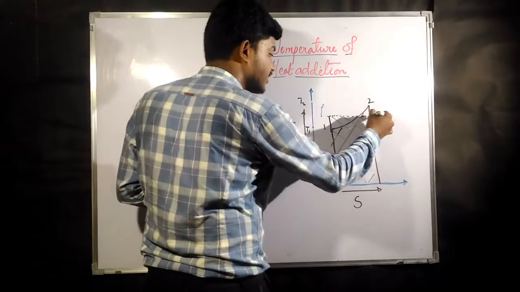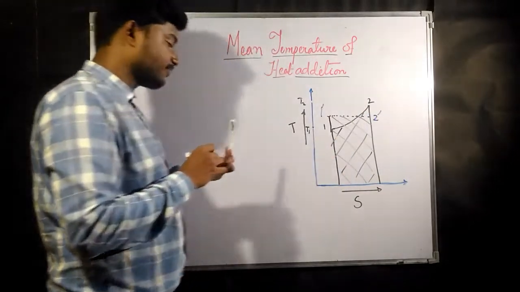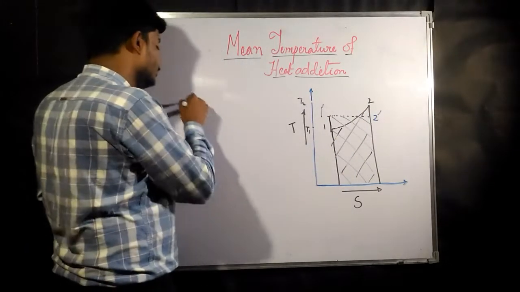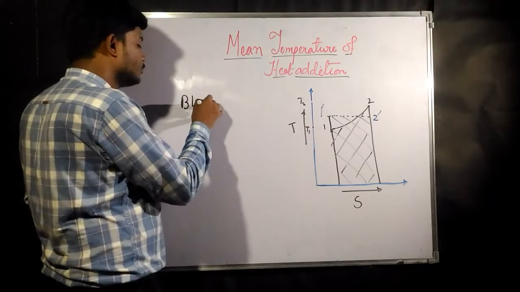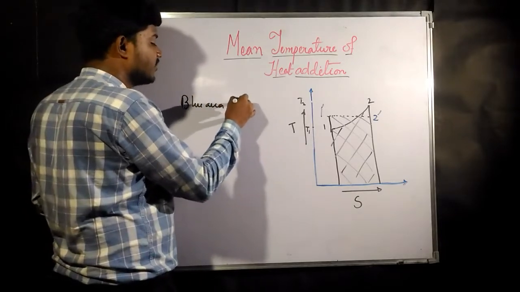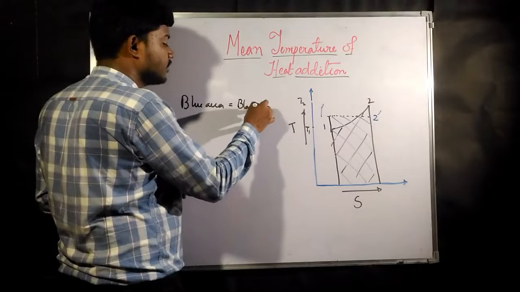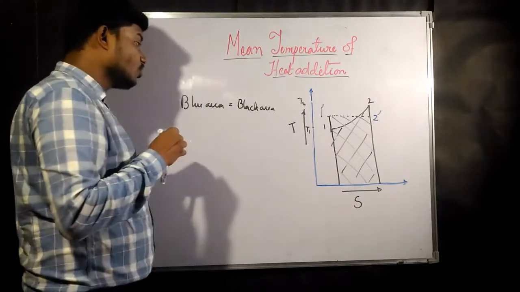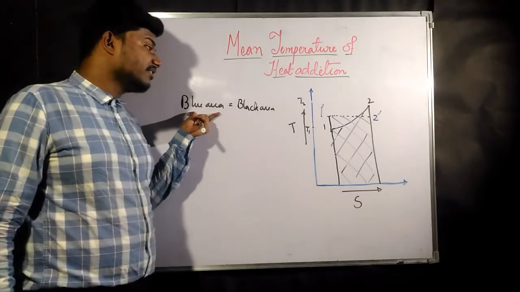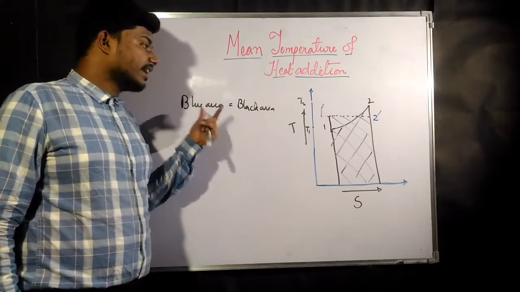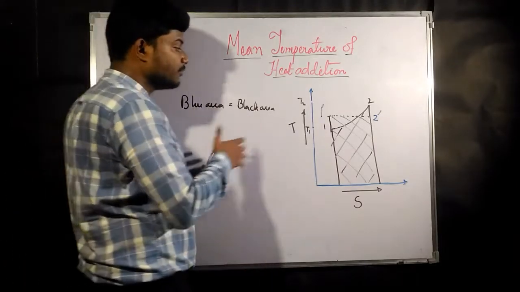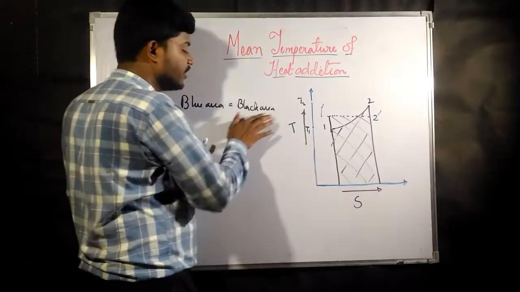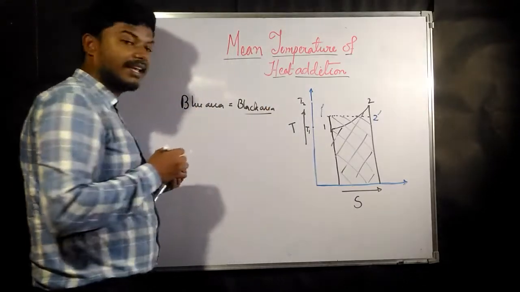Suppose this is 1 dash and this is going to be our 2 dash. So that means what? The blue area must be the same as the black area. Whatever heat you are going to give in the blue area is going to be equal to the total amount of heat denoted by the black area.